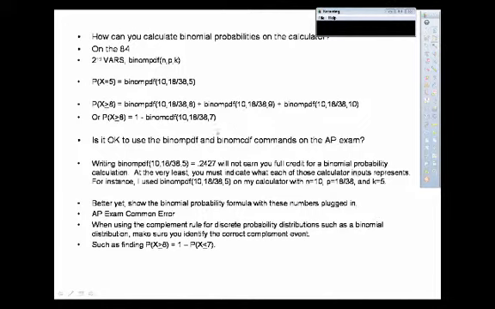Notice that when I did the CDF, I used 7 instead of 8. So be careful because you want it less than 8. That's the complement CDF. All right? So just be careful with that. The end.